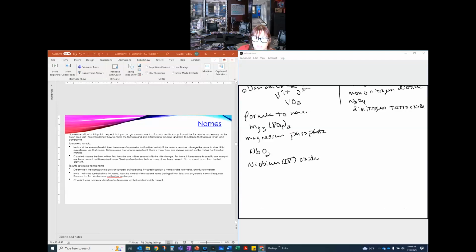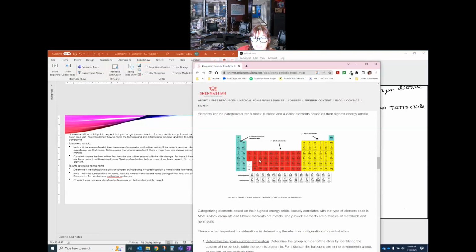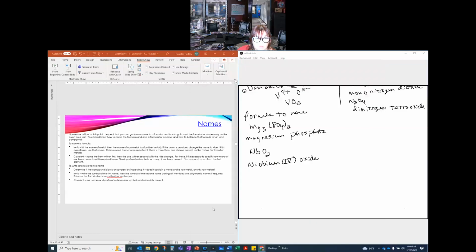And then it's an oxide. So I have to specify what the charge is on the niobium because it's a transition metal. It's in the center, right there. Because it's in the middle and could have any number of charges, we need to specify what that charge is. So that's how we deal with the names.